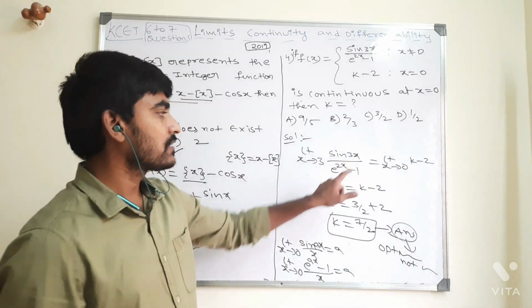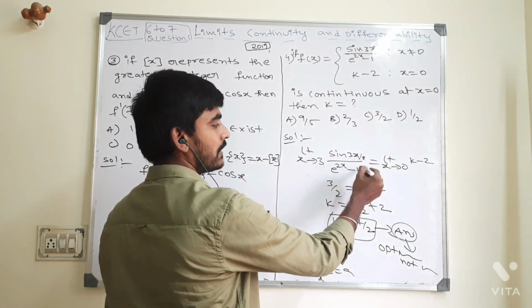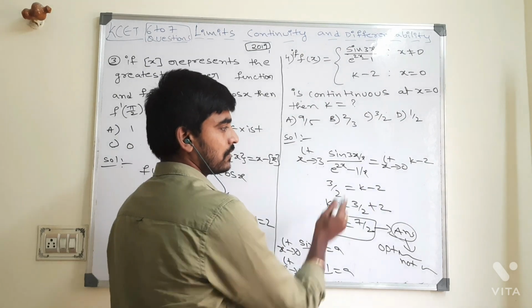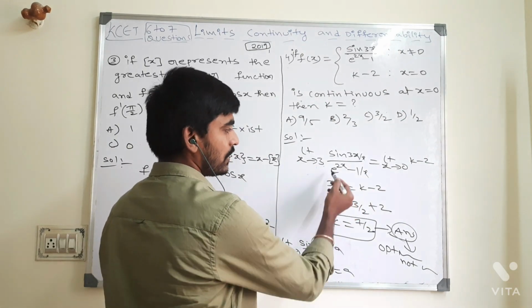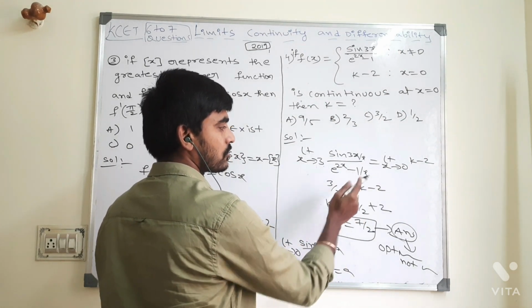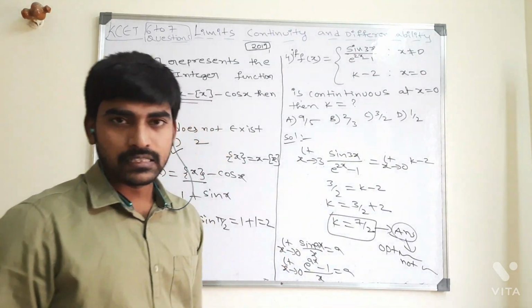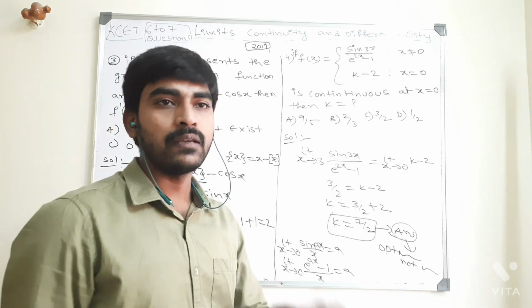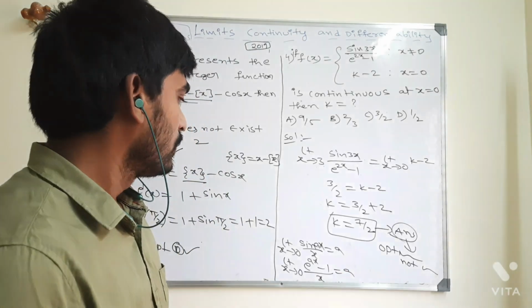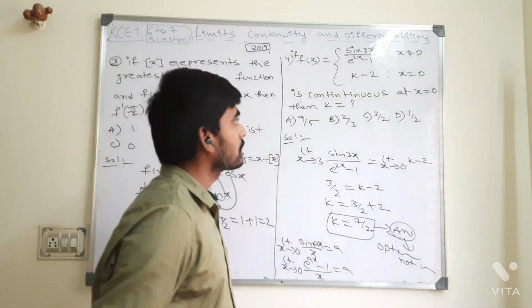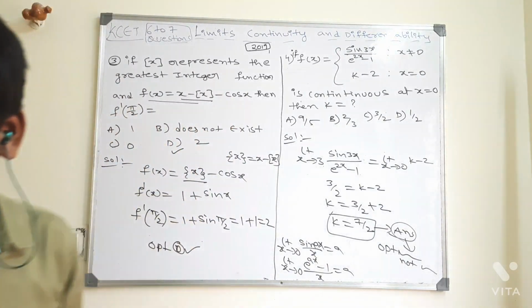So now here for sin 3x, you divide the numerator and the denominator by x. Sin 3x by x means 3. E power 2x minus 1 by x means just 2. So I have put the direct steps, that's it. You should also write in the same way, then only we can complete all the questions in time, right? Okay, I hope you understood this. Next, question number 5.